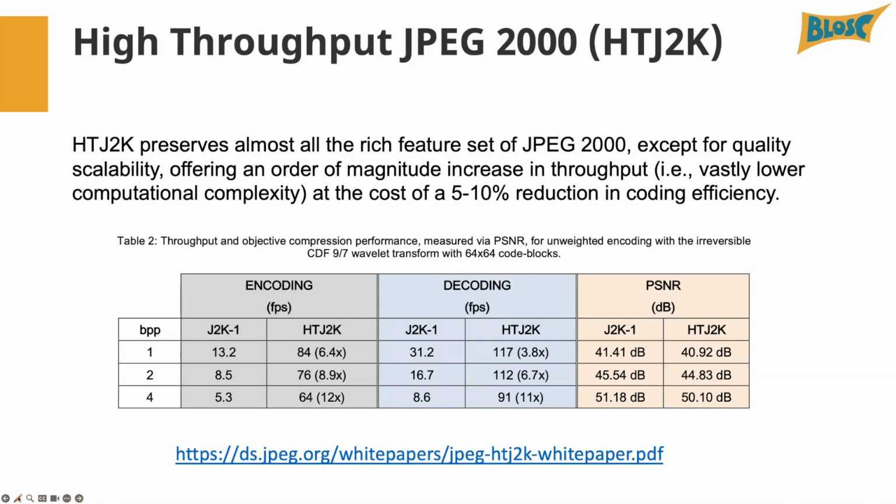Let me check if I can use some pointer here. Okay. Automatic. Yeah. So we can see that for encoding, this new codec can be up to 10 times faster, both for encoding and for decoding, whereas the quality doesn't suffer too much.